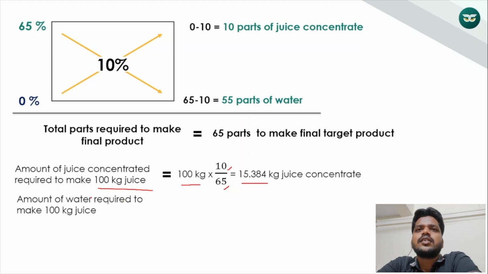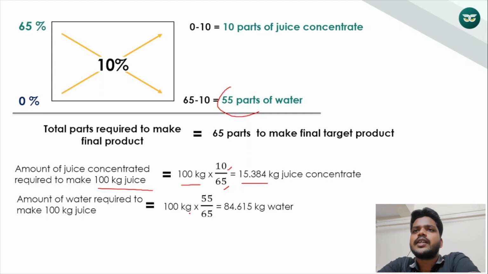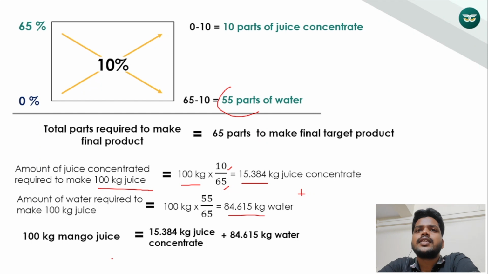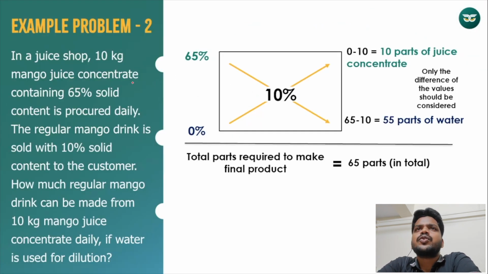Similarly, to find water, we multiply by 55 parts: 55 by 65 into 100 kg gives the water amount. Adding these two values, we get the final product, 100 kg mango juice. So in order to make 100 kg mango juice, you have to add 15.384 kg juice concentrate plus 84.615 kg of water.